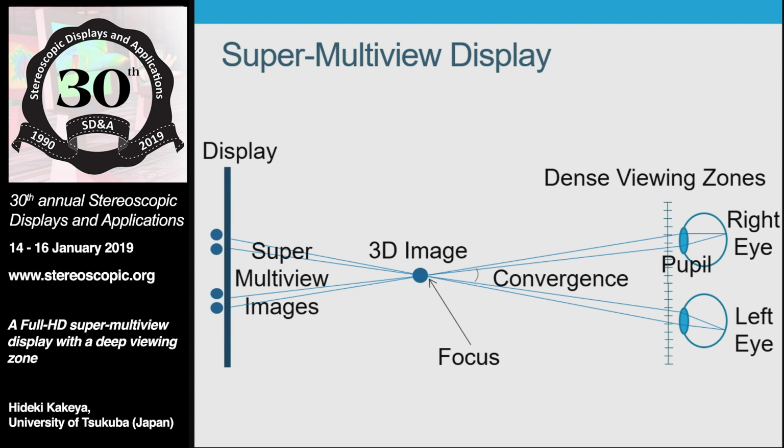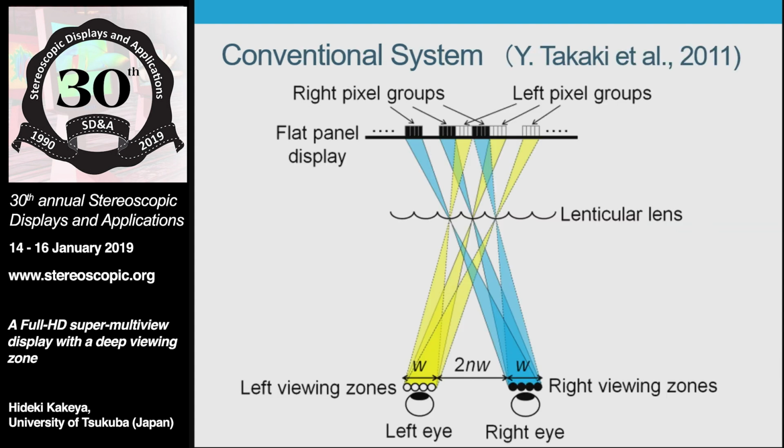But the problem is that we have to prepare so many views to realize this kind of super multiview display. One method to reduce the number of views is to combine it with a head tracking system, where the light rays for the left eye and the right eye are generated only around the eyes. For example, this is the work by Professor Takaki.